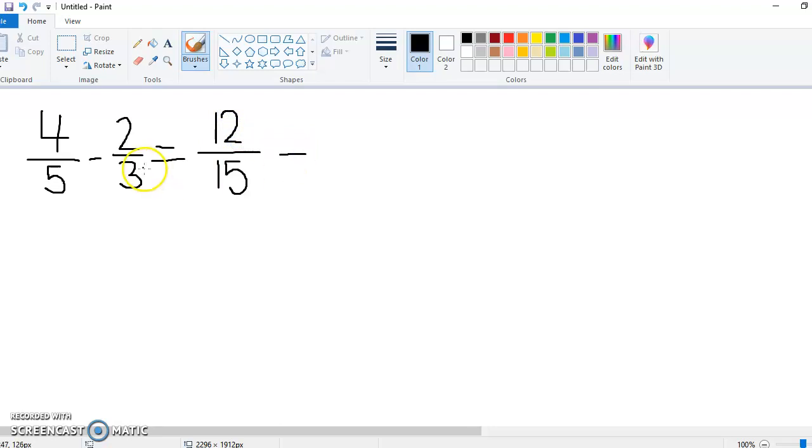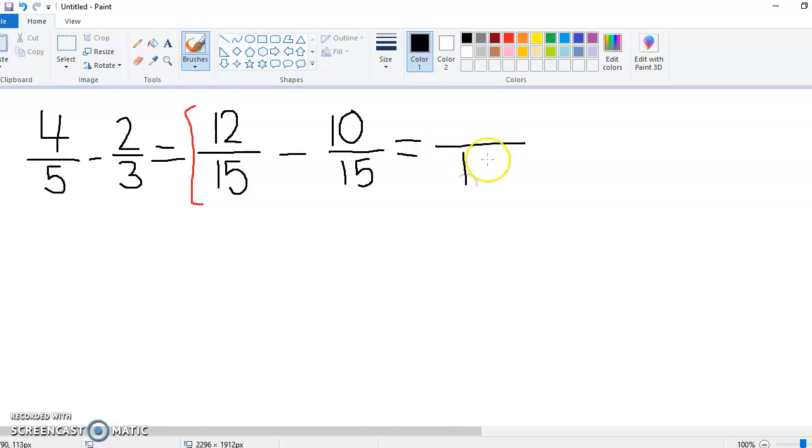And then opposite here, I multiply 3 by 5 to get to 15. And because I multiplied 3 by 5, I need to multiply this 2 by 5 as well to result in 10. Then I will go ahead and subtract the numbers on this part. Once again, you do not subtract your denominators.